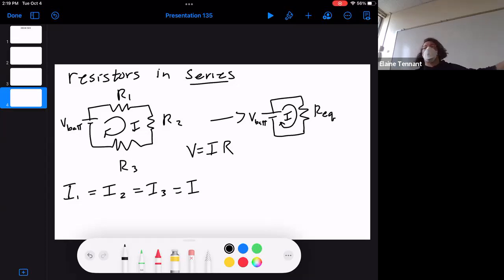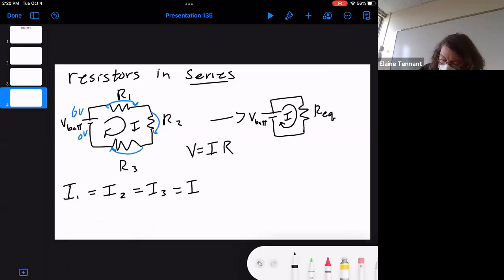So if we add up all the voltage across the resistors, yeah, if we start here at 6 volts and we know we're going to end up at 0 volts, whatever the voltage drop across that, plus the drop across that, plus the drop across that, had better get us down to 6.